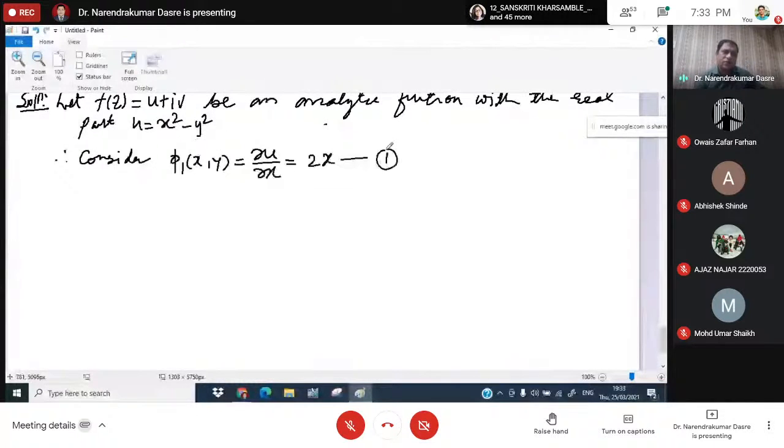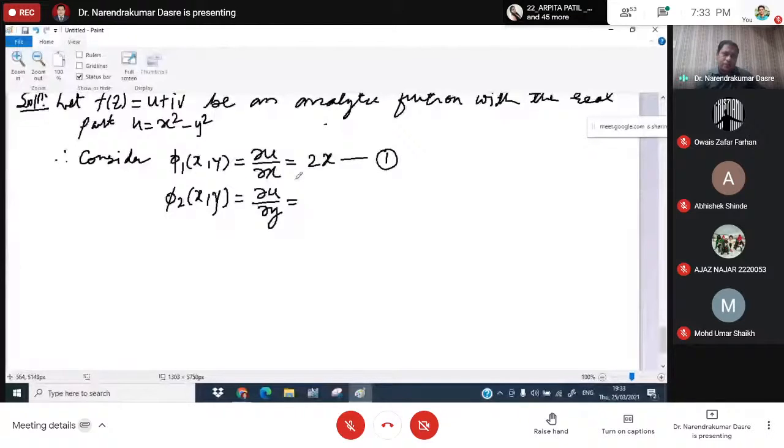The derivative of x square is going to be 2x. Next, we have to find out phi 2 of xy. So it is the derivative of u with respect to y. Now x is treated as a constant, so the derivative of x square is going to be 0, and the derivative of y square is 2y. So here you have minus 2y, which is equation 2.